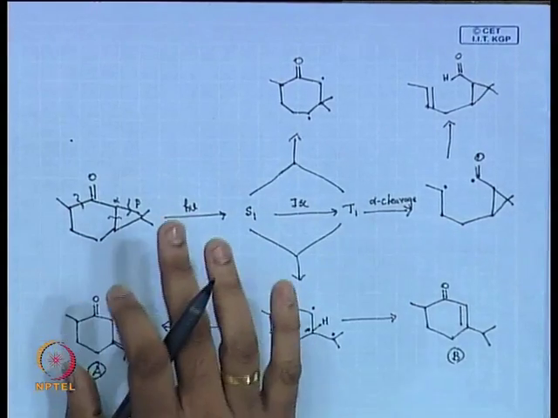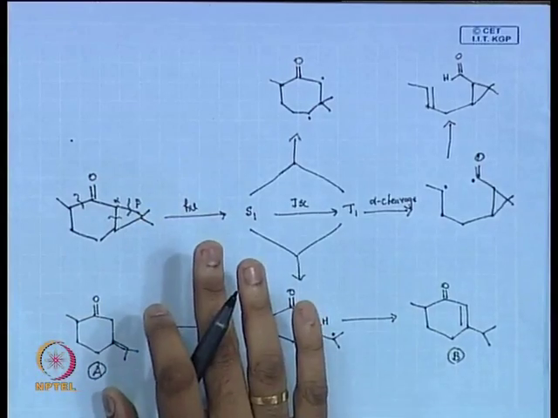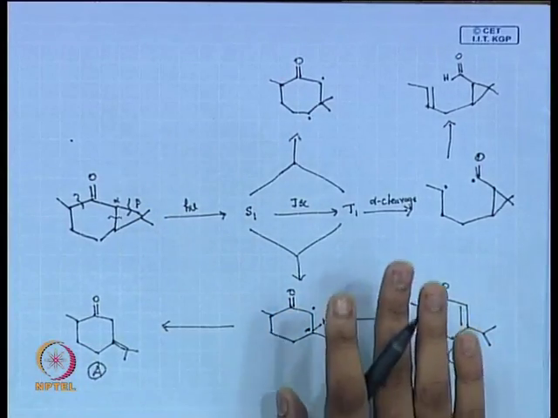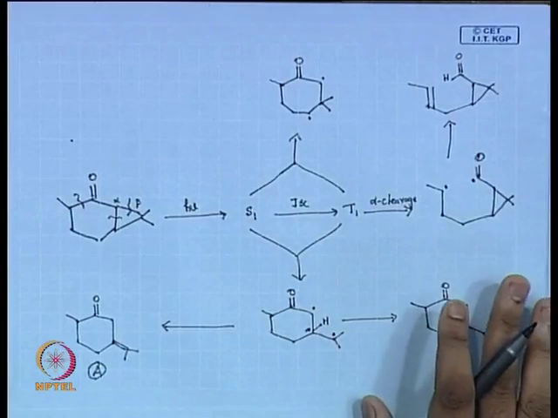When a molecule is given, you put your mind and see whether it undergoes all other chemistry. Now you are studying only alpha cleavage and beta cleavage reactions. In the next class you will be studying hydrogen abstraction reactions. All this chemistry is done by your carbonyl only, so you should understand whether your carbonyl system will do alpha cleavage or beta cleavage, or intramolecular hydrogen abstraction, or whether it will do all these things together, that also happens.